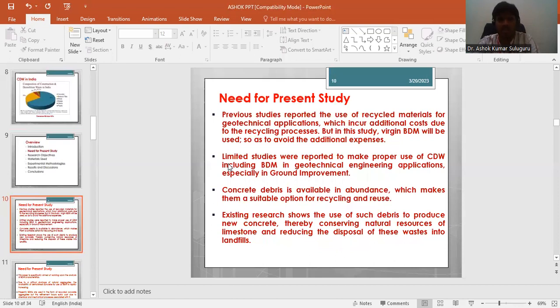We are not doing any refinements or any recycling to get it back to the original position. We are using the debris as obtained from the construction site, crushing it to some size like 10 to 12 mm, below 10 mm. Then we are replacing the existing natural available materials with this waste.